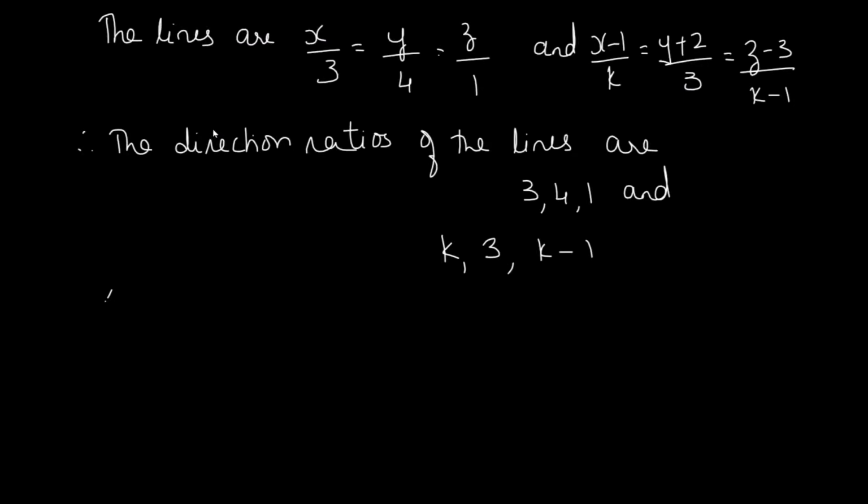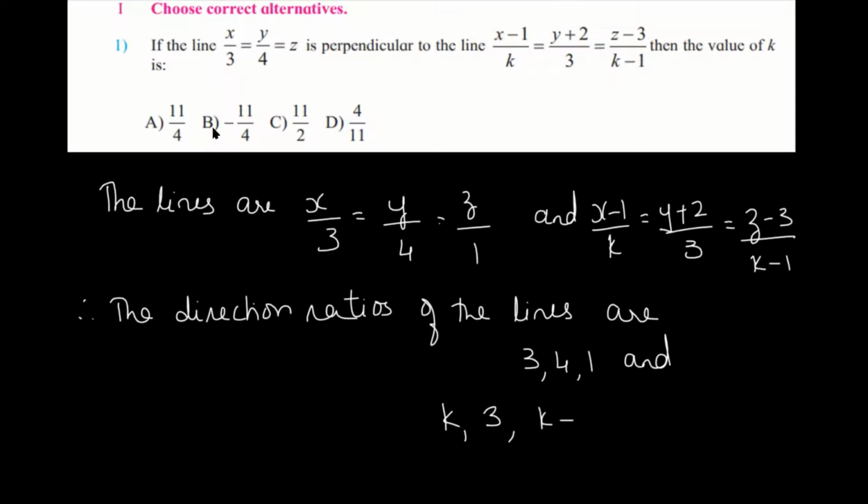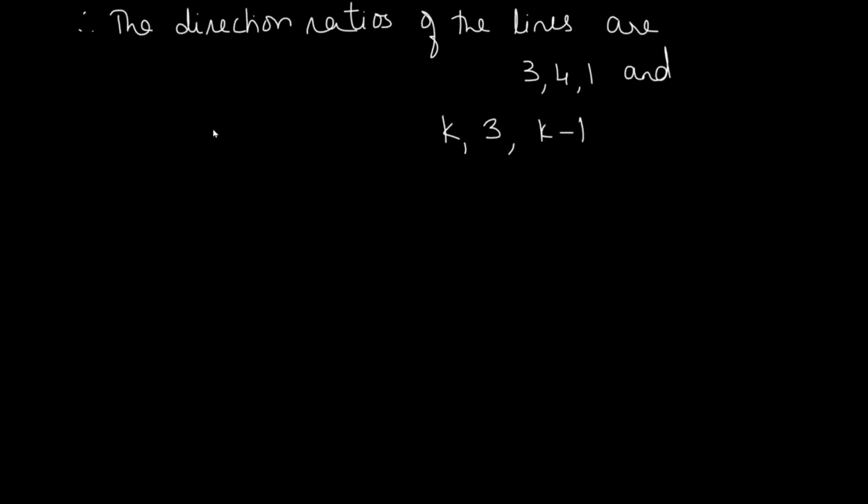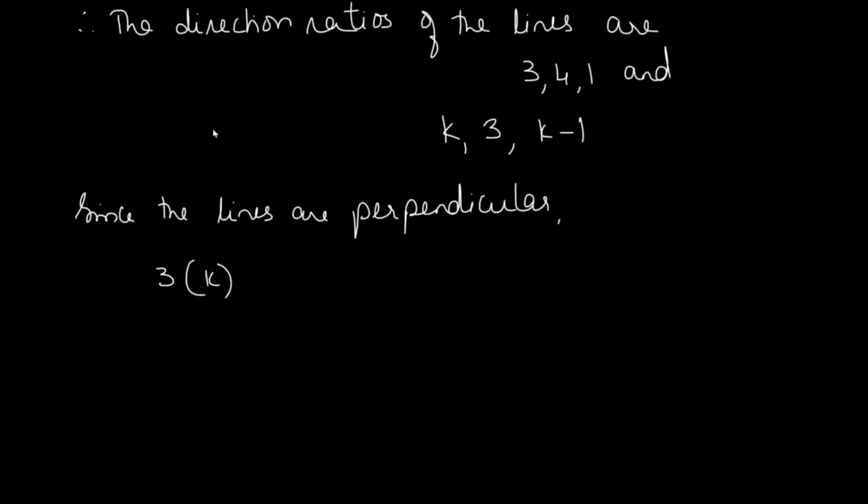So we write over here, since the lines are perpendicular, their direction ratios can be written this way: 3 into k plus 4 into 3 plus 1 into k minus 1, and this comes out as 0.